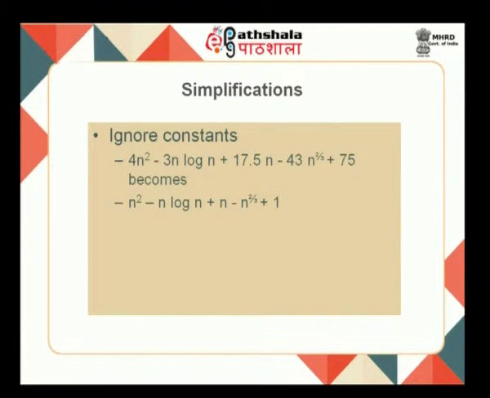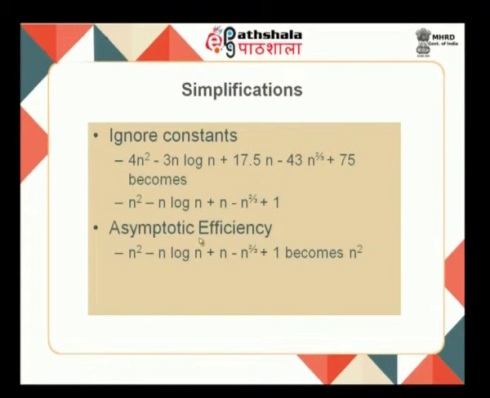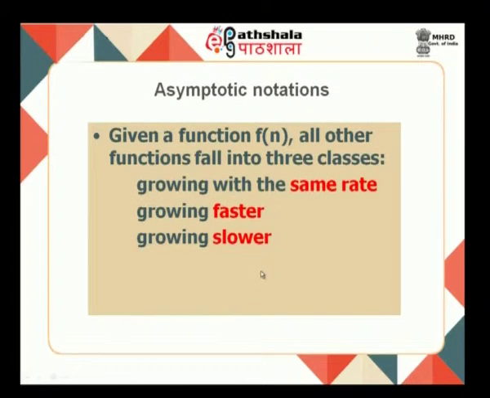What is important is the rate of growth and not the exact constants. So, we can ignore these constants so that the expression can be simplified like this. Similarly, we can ignore all other terms and approximate this function to the largest degree of the polynomial. If this is the case, then we can approximate this to n square, so that the complexity can be expressed in terms of n square itself.